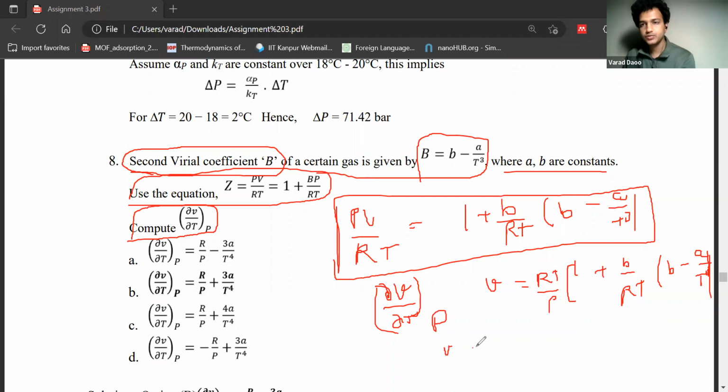That means V equals RT by P plus B by P into P minus A by T cube.